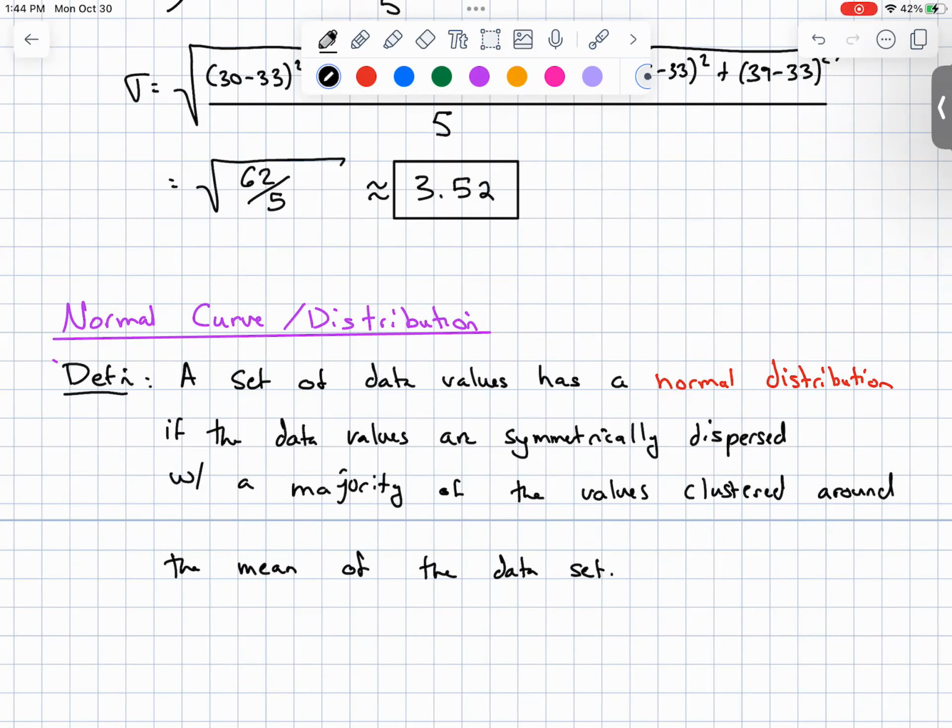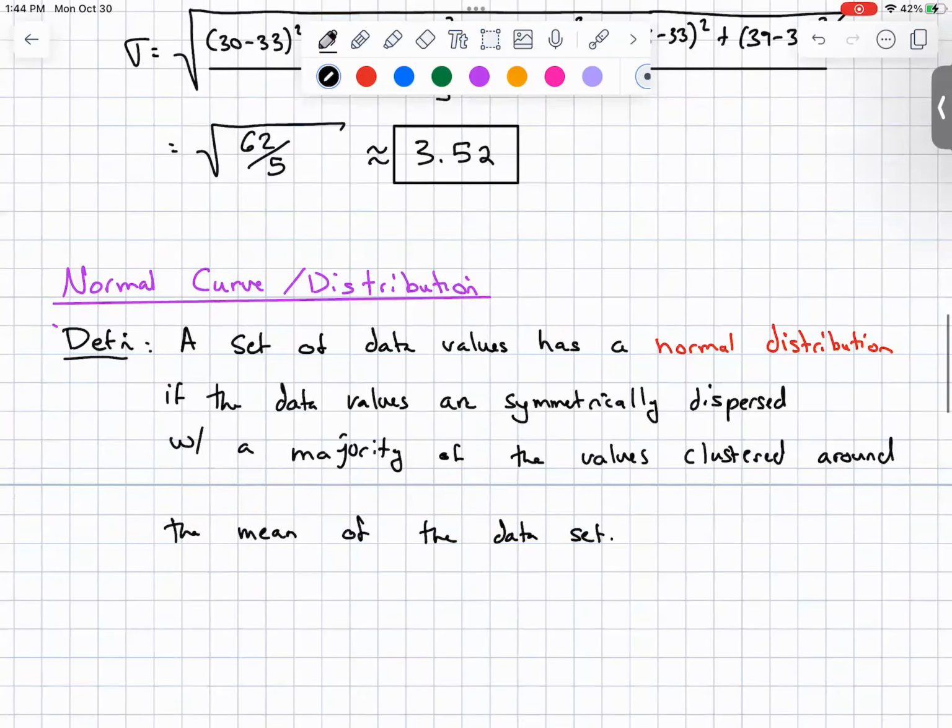So you want all your data values to be symmetrically set up. If you have one large outlier on the right, you should have one large outlier on the left of your data set, and most of them should appear near the mean average.